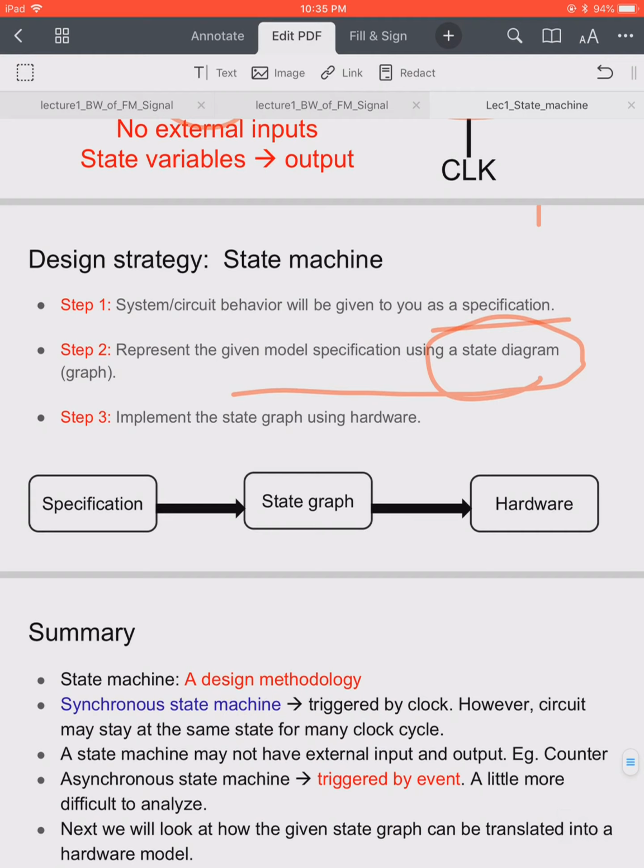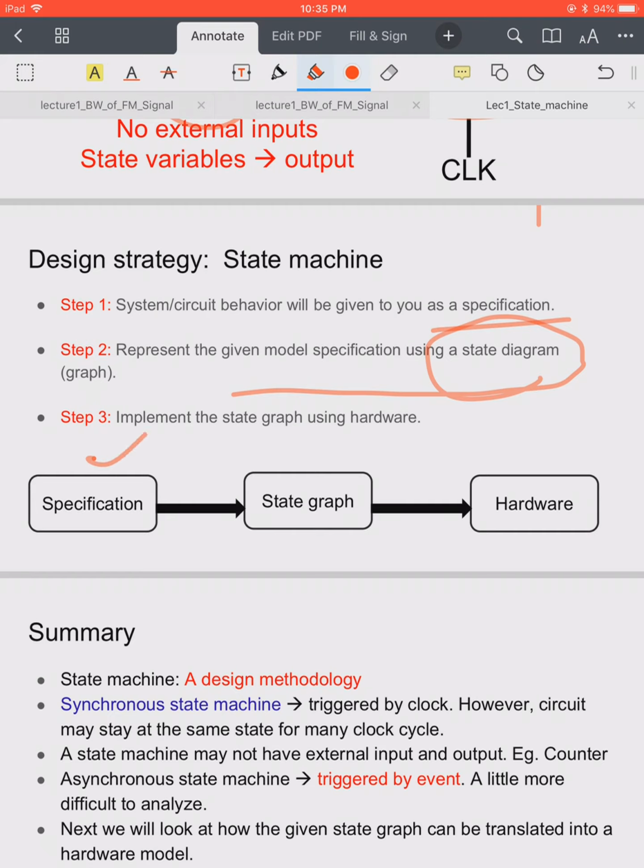The next task is to implement the state graph using hardware. So this is a 3-step process: first specification, then state graph, and then the hardware. Once you get the state graph, this translation from state graph to hardware is very straightforward.